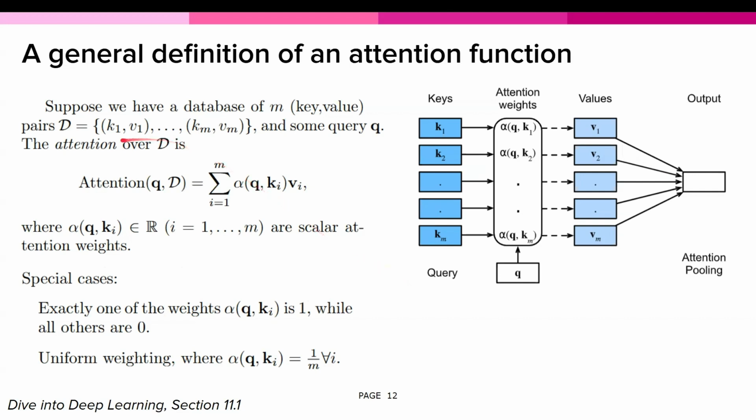The general idea is that we have a database of key value pairs and some query, and then we compare the query to each key to compute how similar the query is with that particular key. Specifically, the attention over D is then a weighted sum of vectors indexed by i.